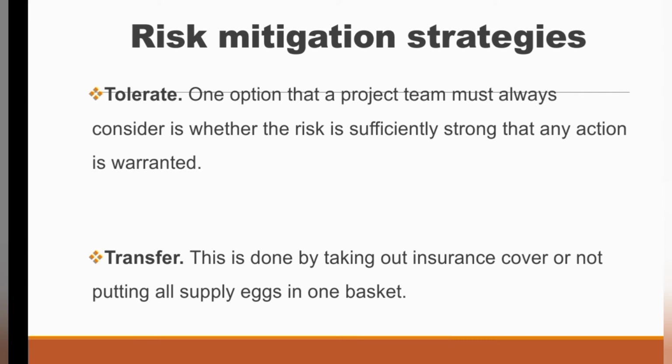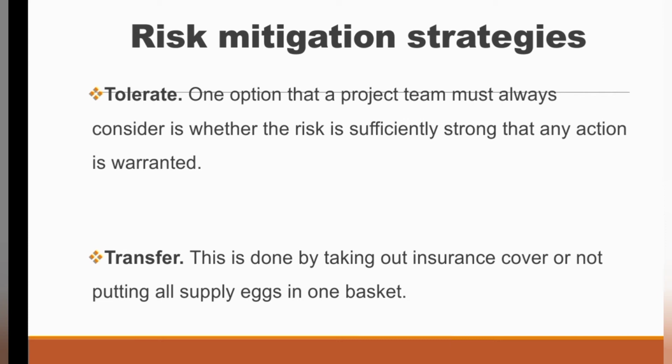So the risk is transferred to a third party, probably an insurance company, to compensate the project team and the company should the risk occur. In doing so, the company will have to pay a premium to the insurance company.